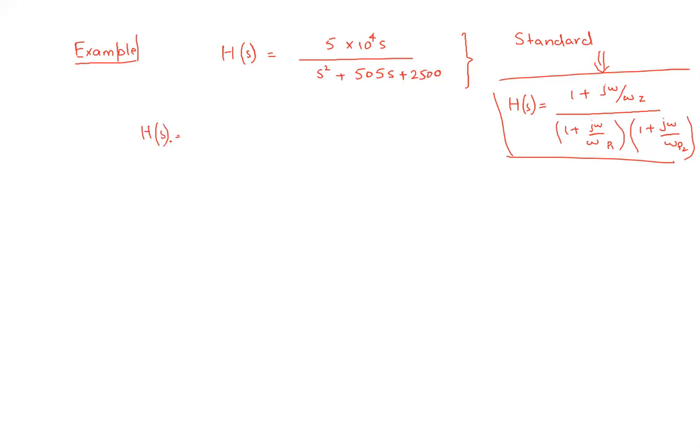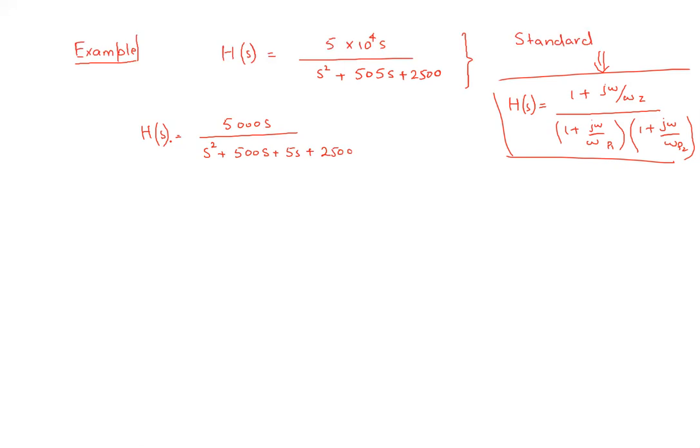How can we convert this given H of s into the standard form? By taking something common. Let's write this currently as 5000s, and not change that. How can we represent s square plus 505s plus 2500 as a product of two poles? We can use the calculator directly, or if you remember your elementary mathematics, you can write 500s plus 5s plus 2500.